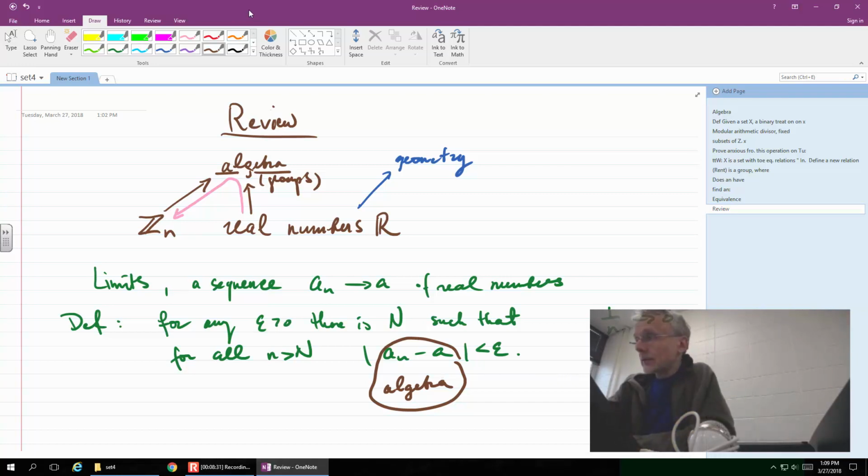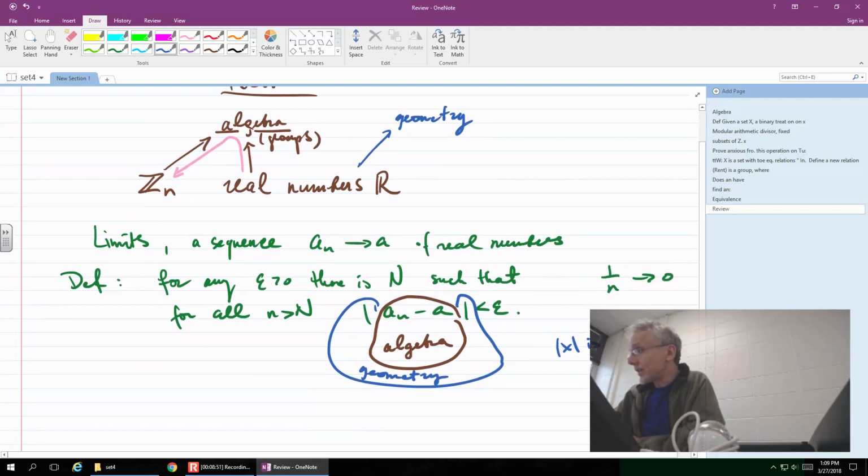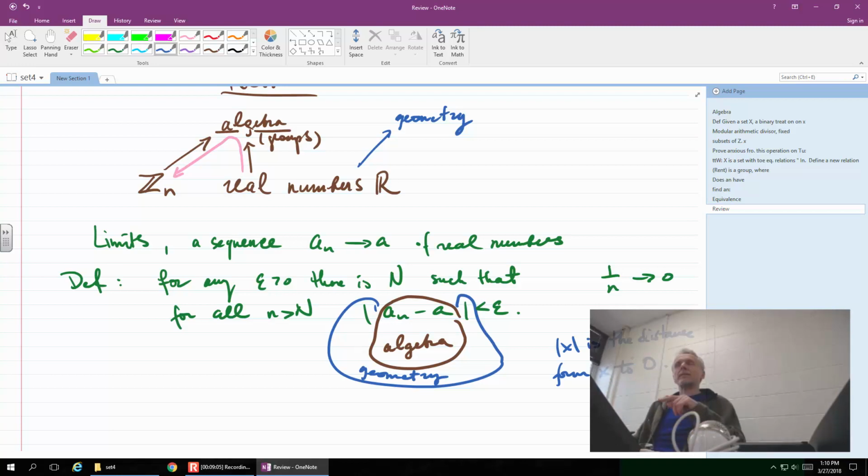Okay, so this part is geometry. Because what is the absolute value, geometrically speaking? Absolute value of x is what? It is the distance from x to 0. The distance in that literal sense that we know, not in the algebraic sense that frequently you see in calculus, where you speak of a distance while you mean more like displacement.